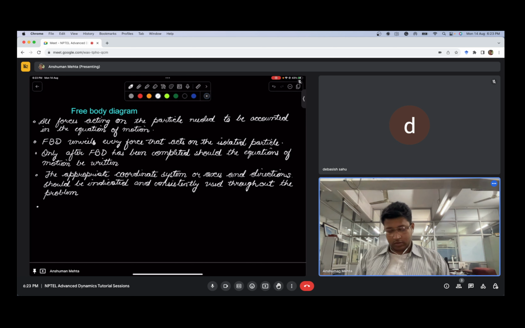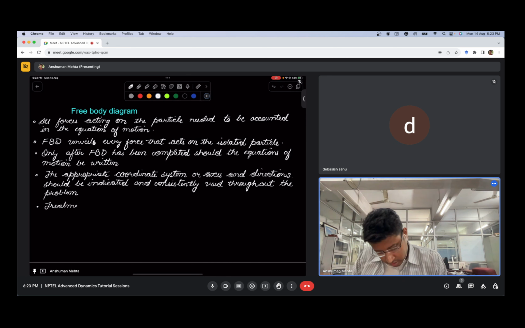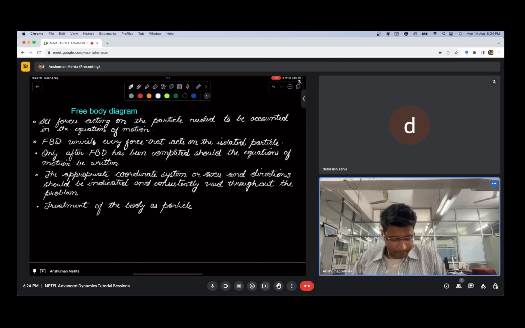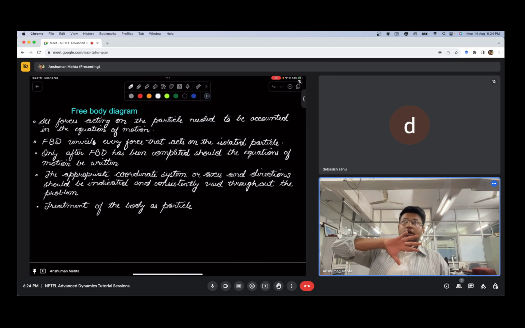Now this treatment of the body as a particle is valid when the forces may be treated as concurrent through the mass center. So we are taking the whole mass and lumping it into a point where its mass center or center of gravity is.